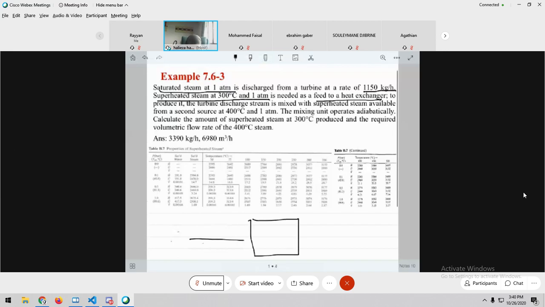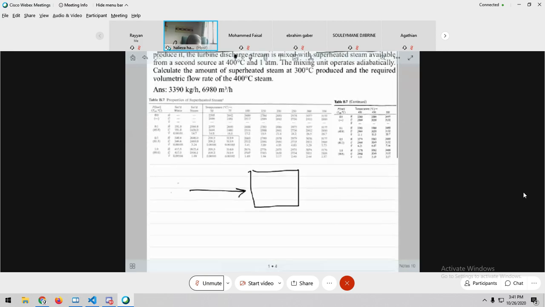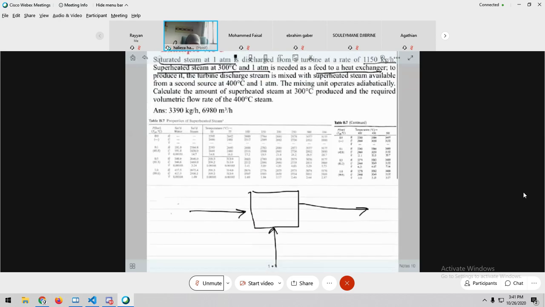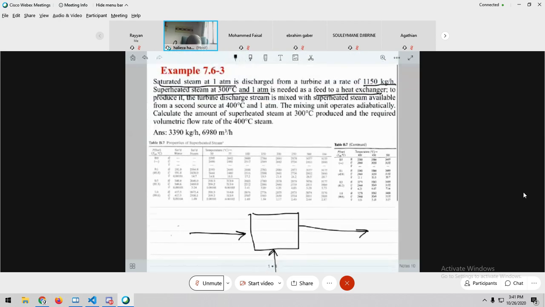You get one stream being mixed with another stream. And you're going to get another outlet stream. So what happened here is that you have saturated steam mixed with the superheated steam.